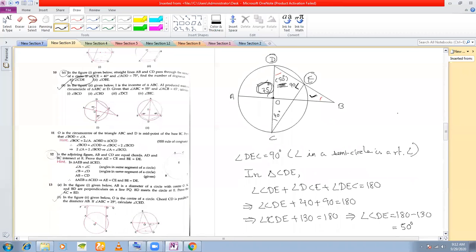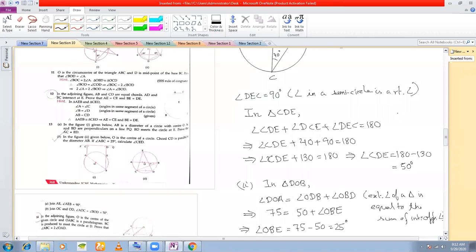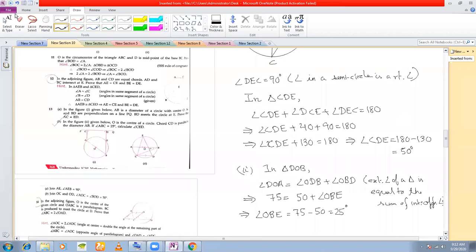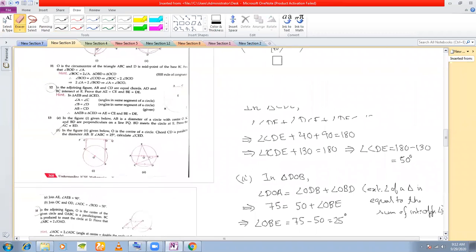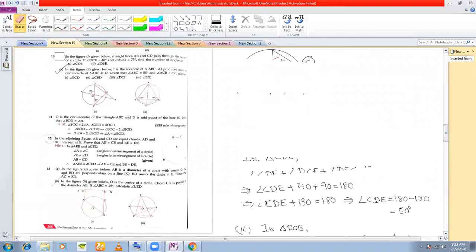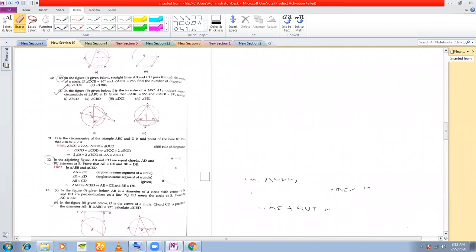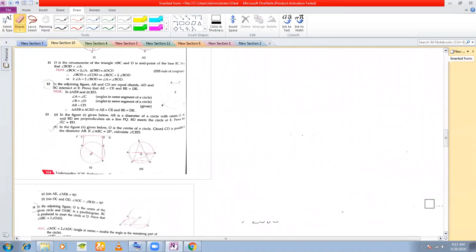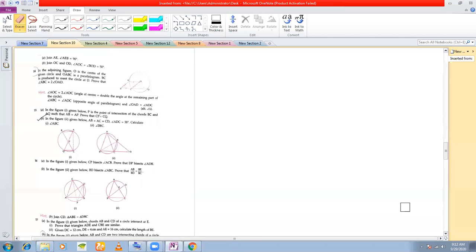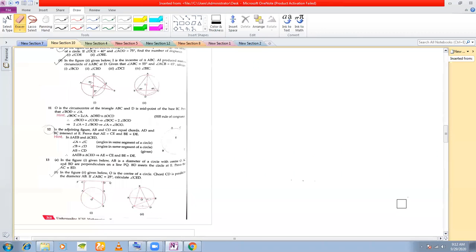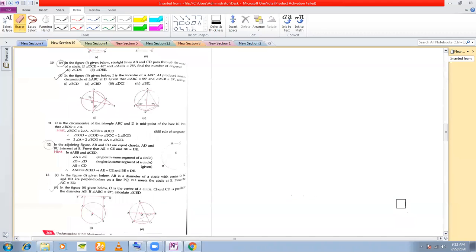Now let's do the next problem here. Number 12. Now number 12, hints are given, so I will not exactly solve this problem. In fact, I'll just explain it and that should be it. Hints are already given here. I can't see the figure.